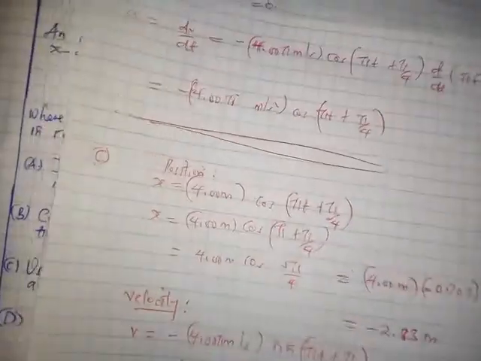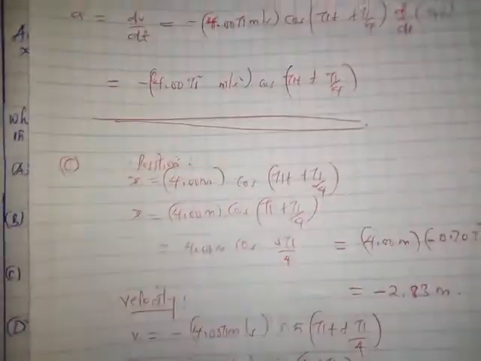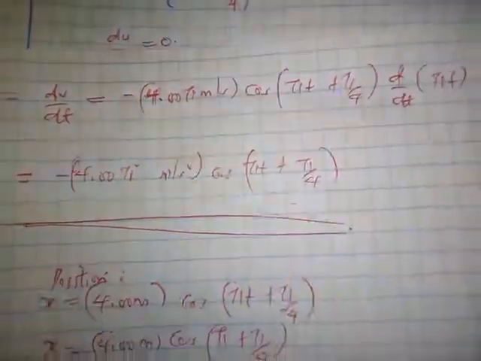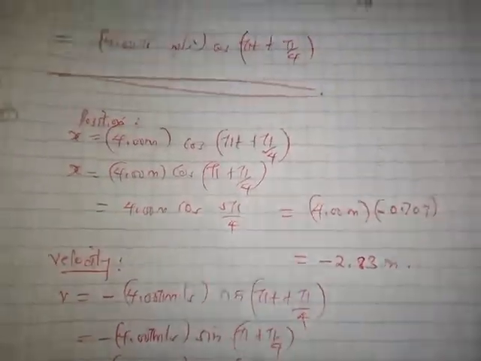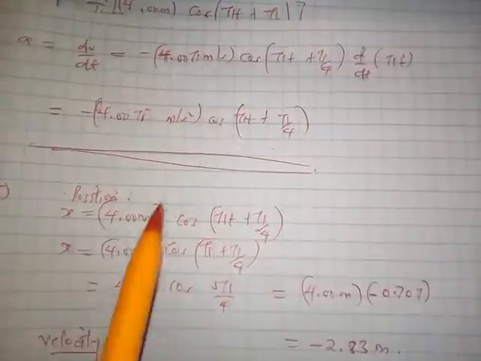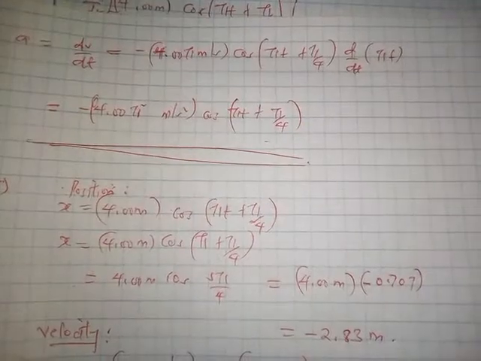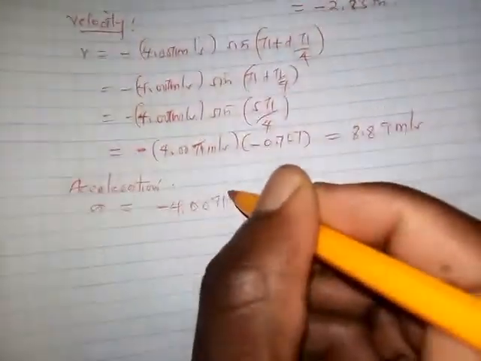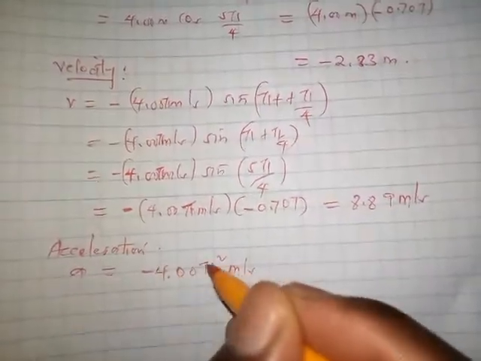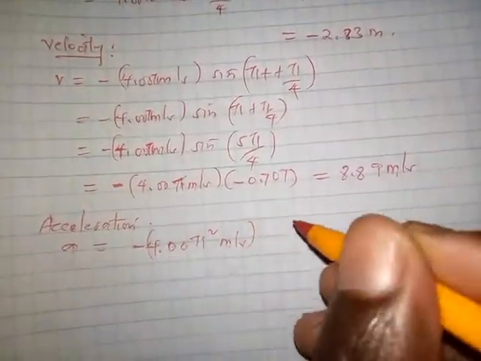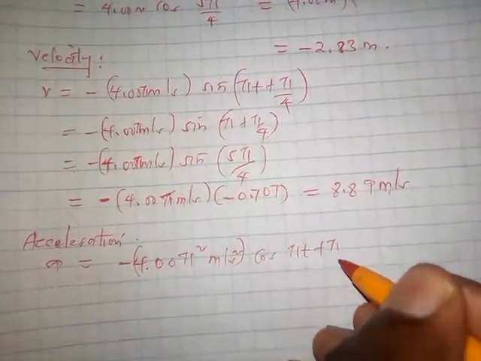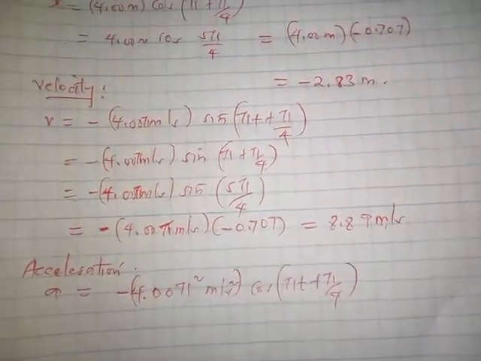Then for acceleration, we have found acceleration a to be negative 4.00 pi squared meters per second squared cos(pi t plus pi over 4).